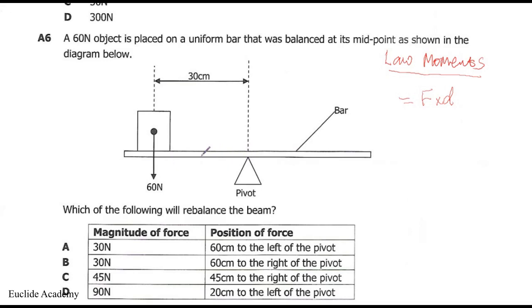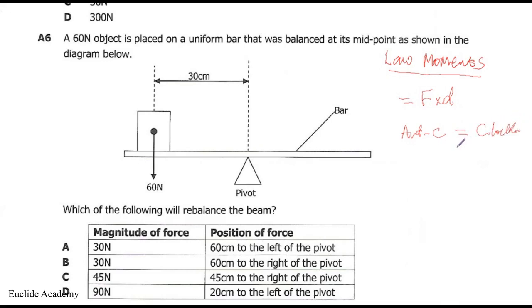So what is the anti-clockwise moment? It is the moment that will make this turn in the anti-clockwise way. I think this force will make this turn anti-clockwise. So the anti-clockwise moment should be equal to the clockwise moment.